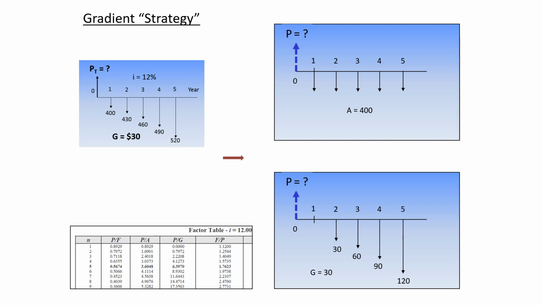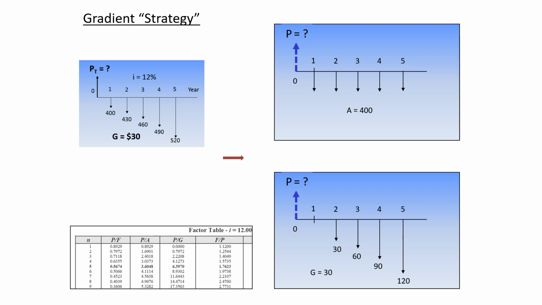So if we're trying to find the value of P, then the present value is going to be the annual amount of 400 times the factor of 3.6048.